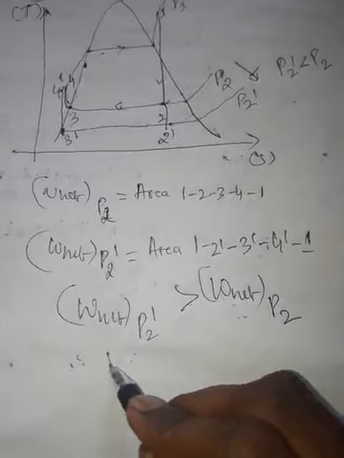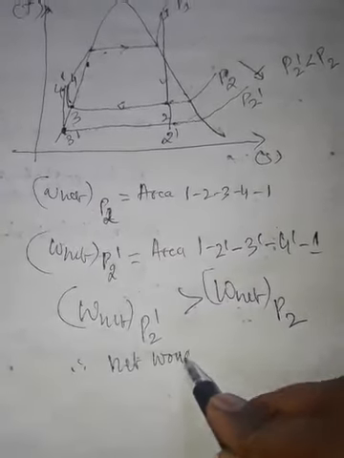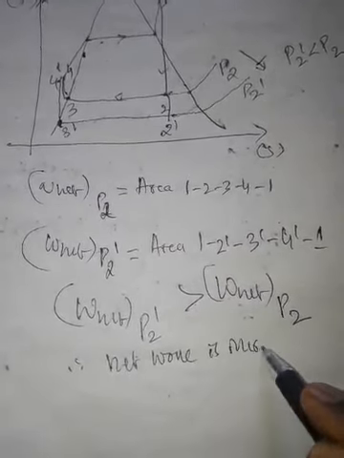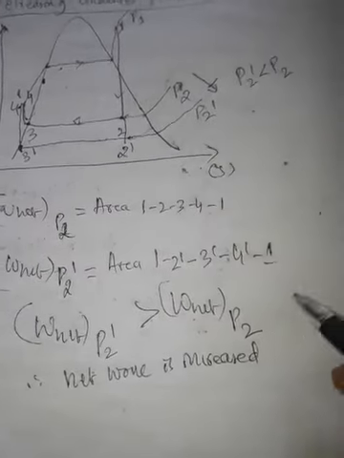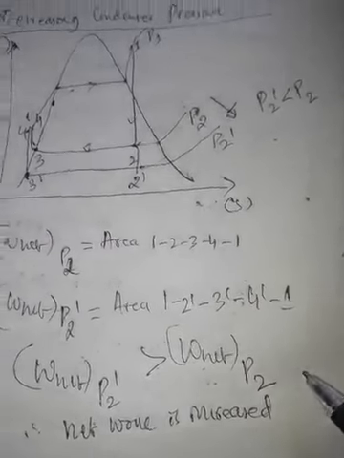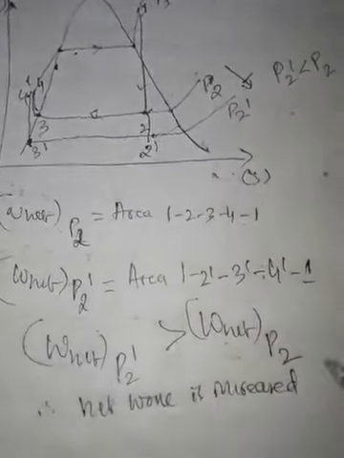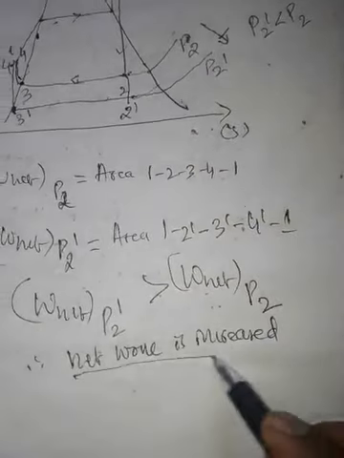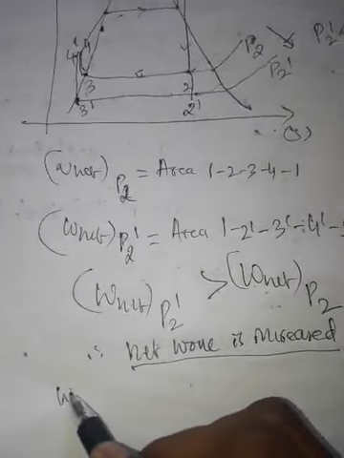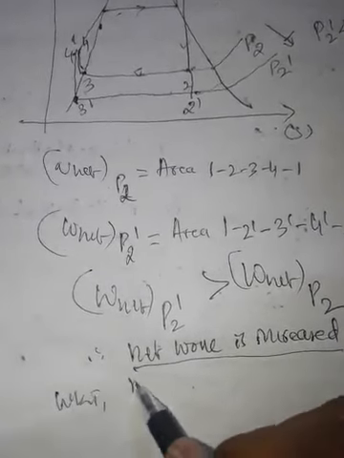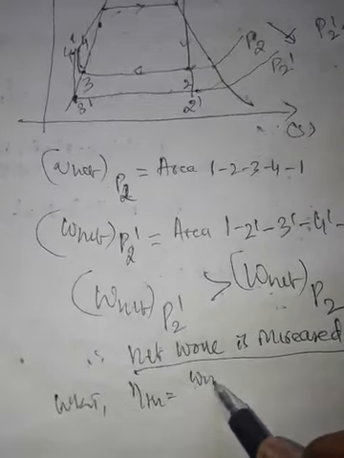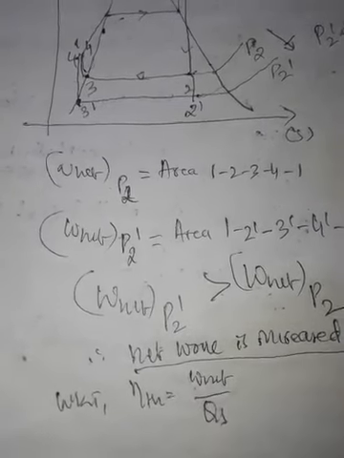Therefore, net work is increased when condenser pressure is decreased from P2 to P2 dash. This is the first effect. We also know that thermal efficiency is equal to W net upon heat supplied.